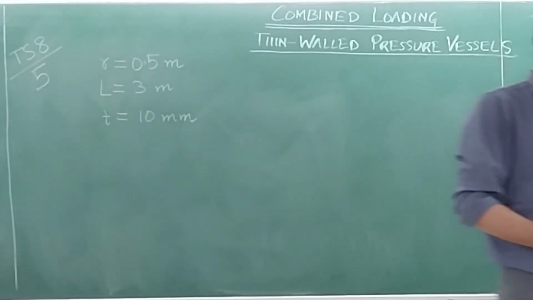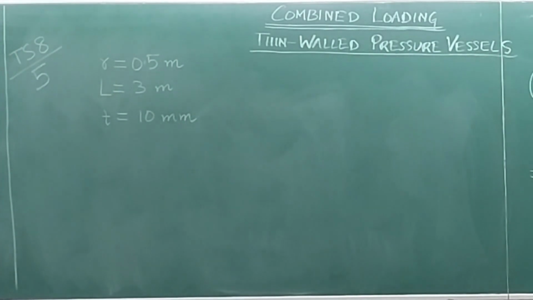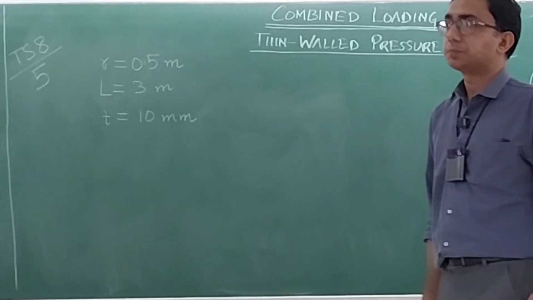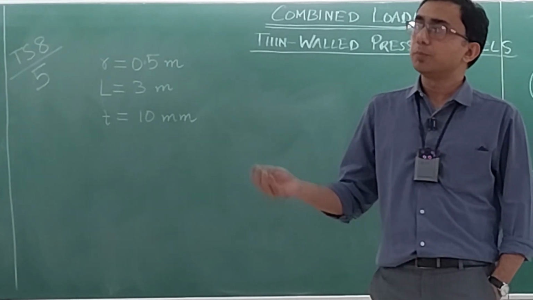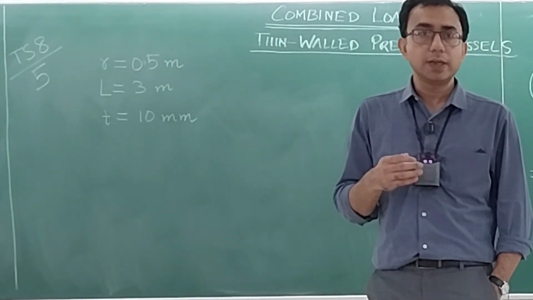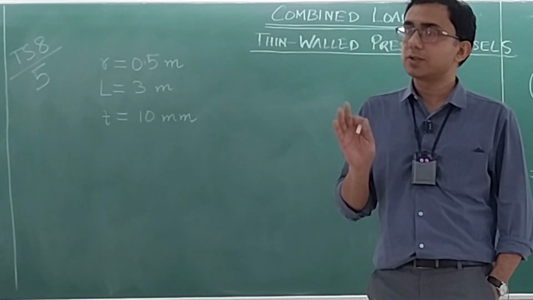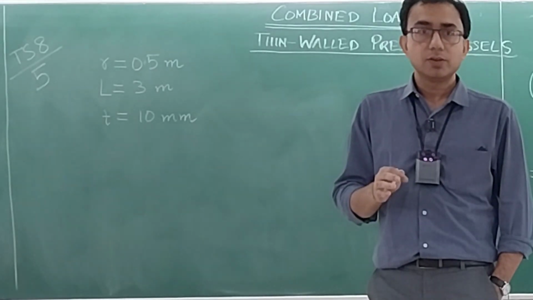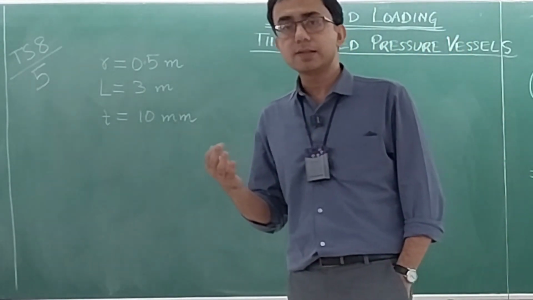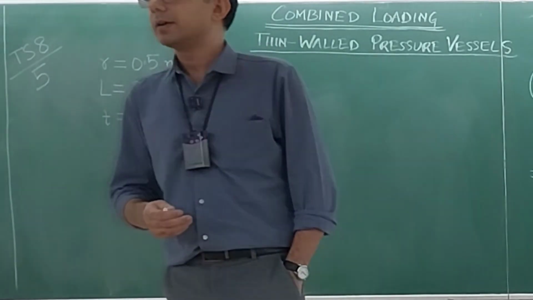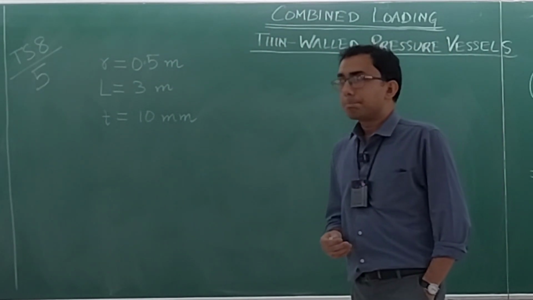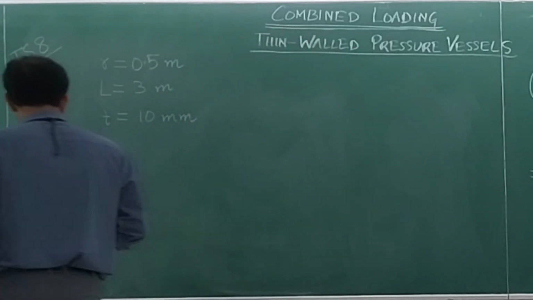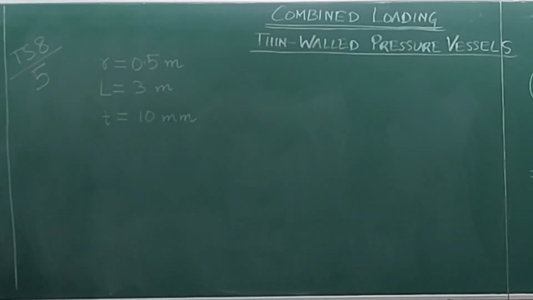Now, what should I do here? I want to find out the increase in the diameter. So yes, I will have to bring everything together, all my knowledge regarding the stress and the strain, how I handle these things. Now, the change in the diameter is associated with which strain?